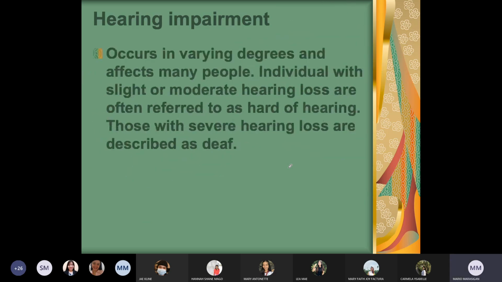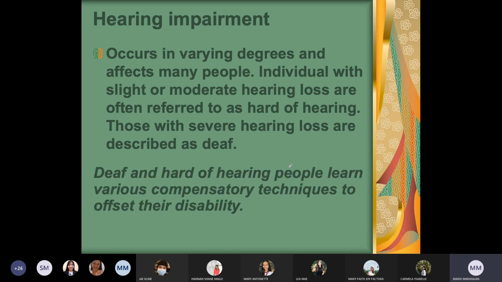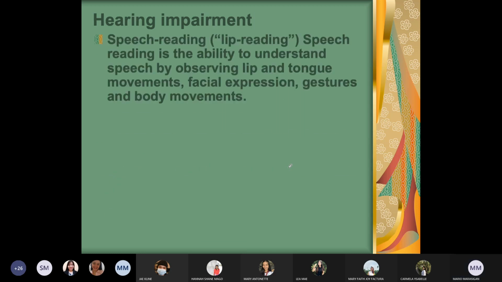For the hearing impairment, it occurs in a varying degree and affect many people. Individuals with slight to moderate hearing loss are often referred as hard of hearing. Okay, those with severe hearing loss we describe as deafness or deaf. So deaf and hard of hearing people learn various compensatory techniques to offset their problem.